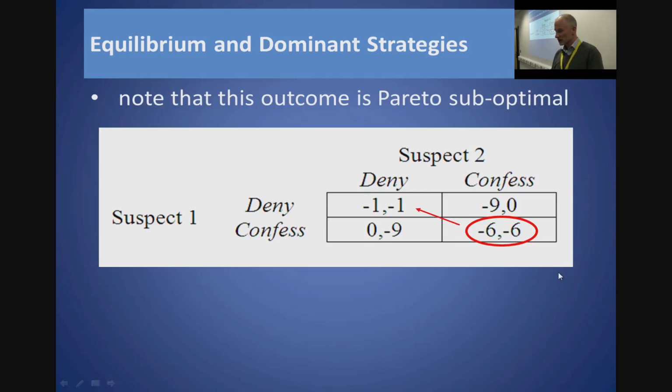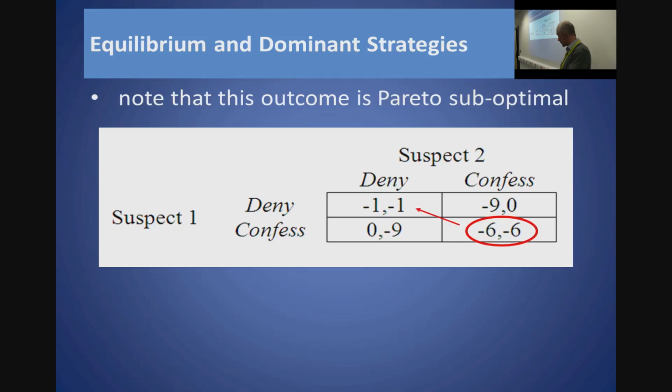Well, look at that outcome there. -6, -6. If they both choose to deny, they both get a lower payoff. Sorry, they both get less time in prison. They both get a better payoff. Therefore, what does that mean? It means we've made a Pareto improvement. We've made both players better off.